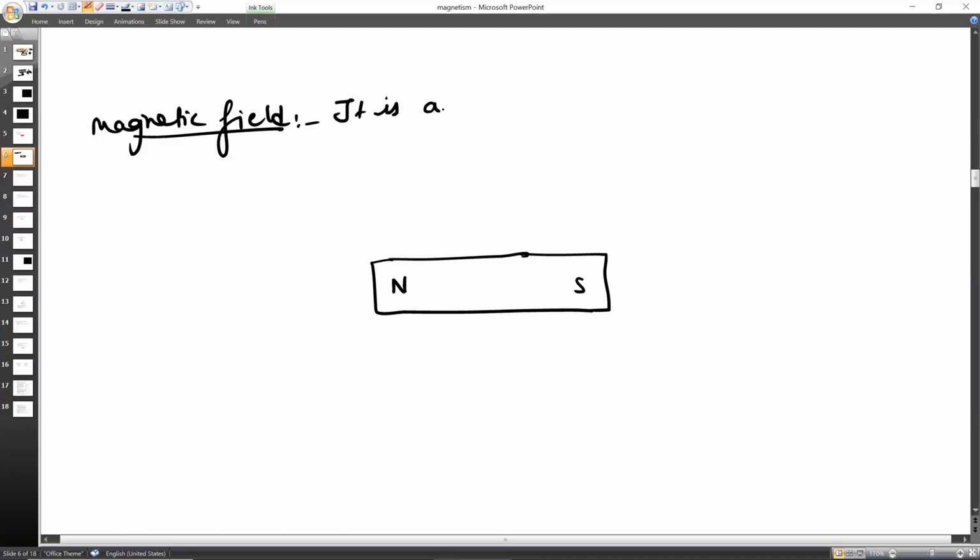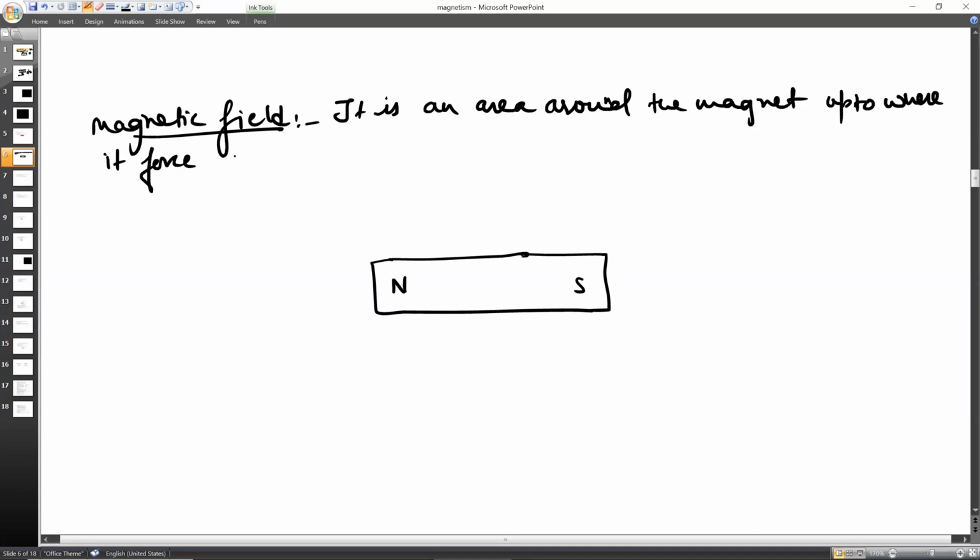It is an area around the magnet up to where its force can be experienced. Got it. So now how do the magnetic field lines actually look?